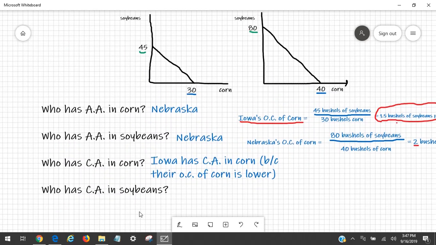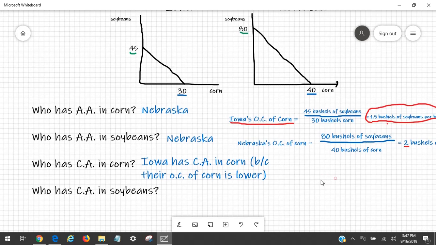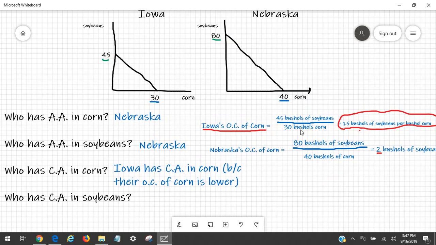Now let's talk about soybeans. I am going to work out the calculation for opportunity cost in soybeans. This is going to be in units of corn, because in order to make more soybeans, they would be giving up some corn. We are just flipping our calculations for the opportunity cost of corn upside down.